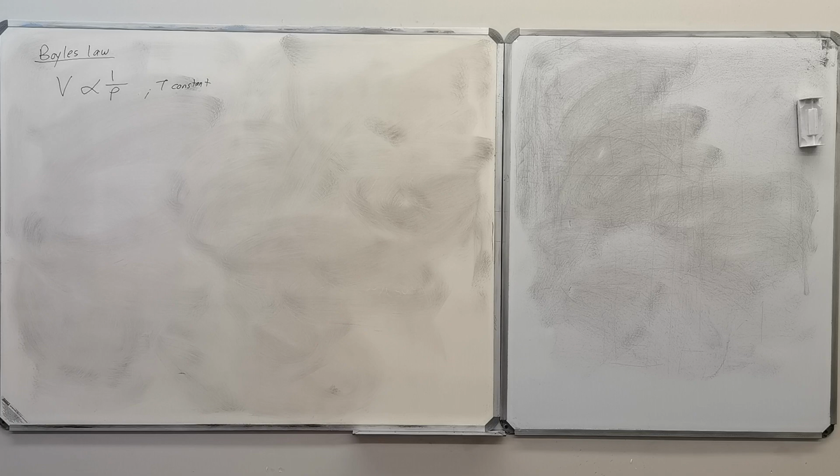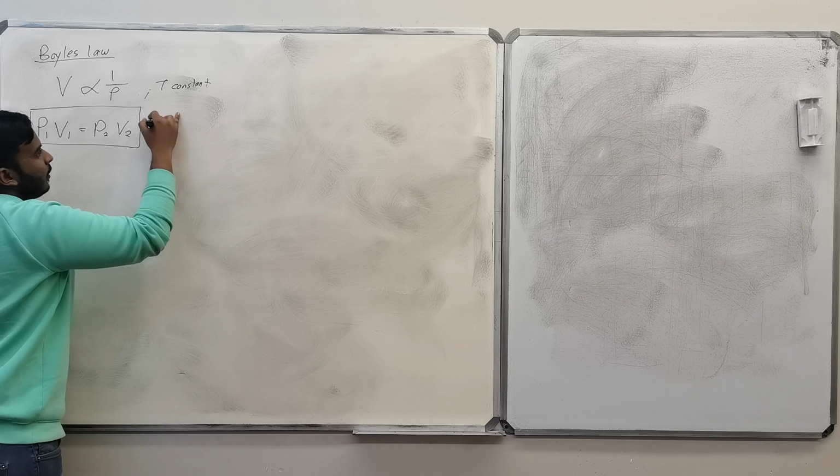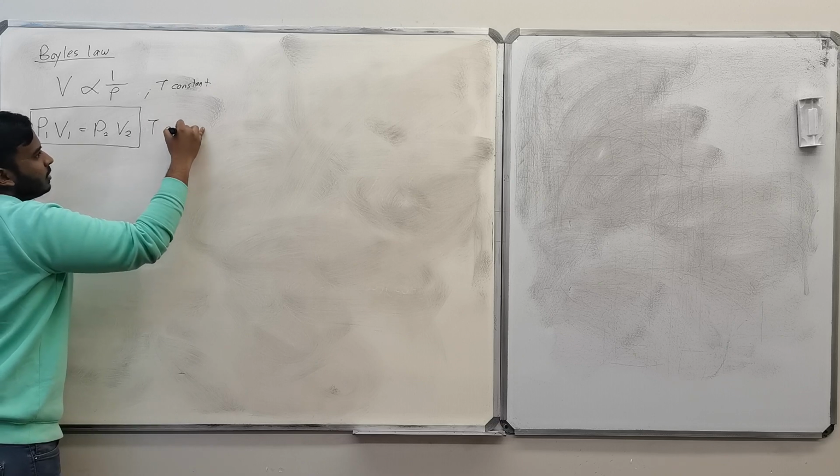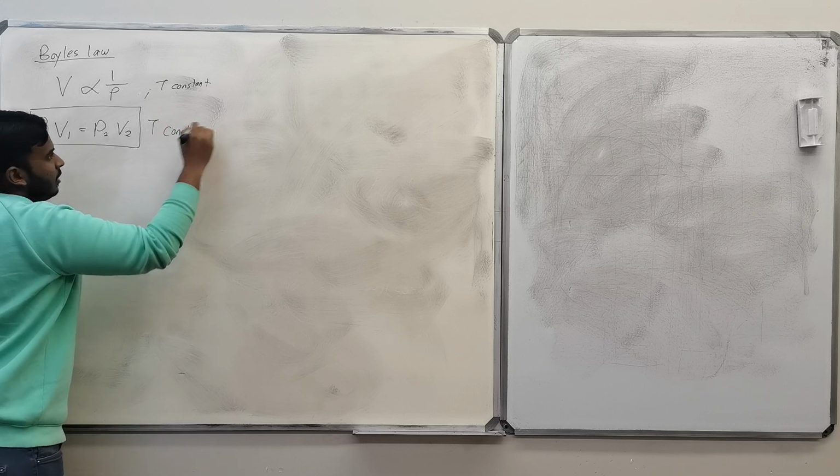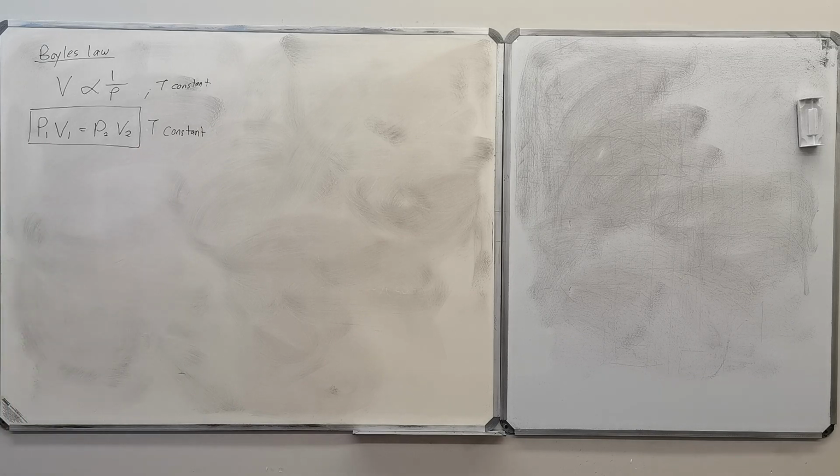So in doing that, Boyle came up with this law which says that P1 V1 is equal to P2 V2 when temperature is constant. Okay, that's Boyle's law. Okay, definition told you about it.